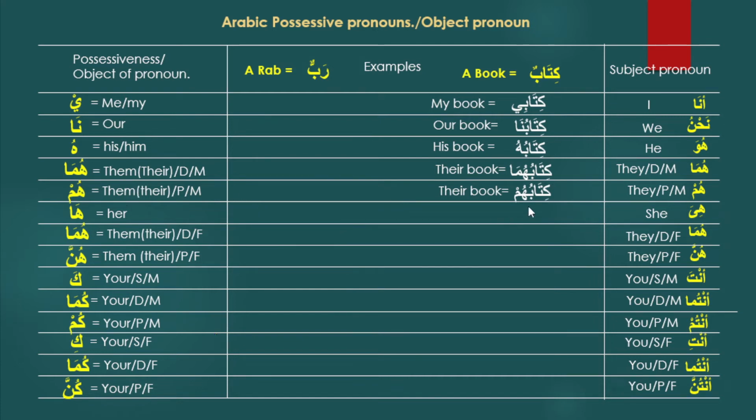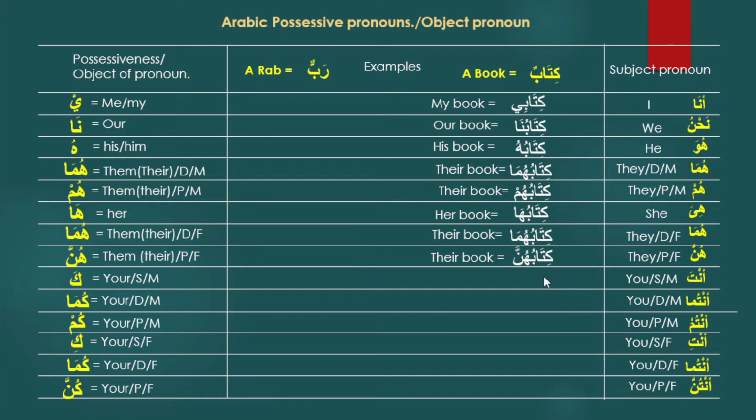For her book, it will be kitabuha. This is our ha. Her, ha. Kitabuha. And kitabuhuma, because huma is the female dual. And kitabuhunna, just add this object hunna, their book.